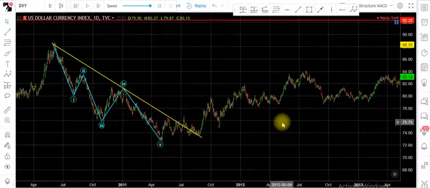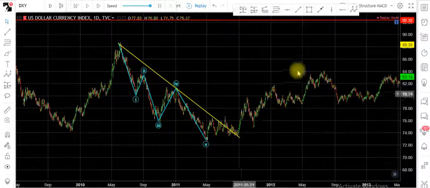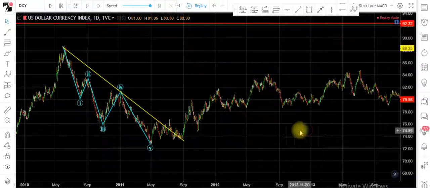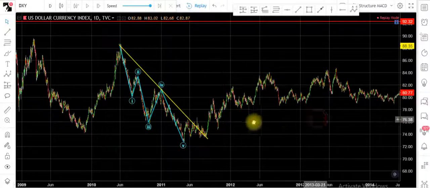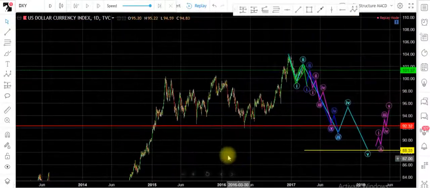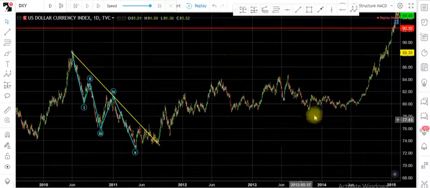This is a diagonal. Someone else might say this is a running flat, but for me it's a diagonal. And why is it a diagonal? Because it's the first move up of this, of this, of this, of this. That's a 5 move up, guys.